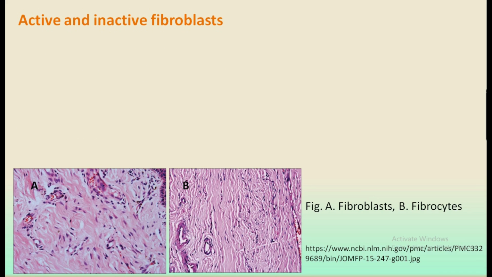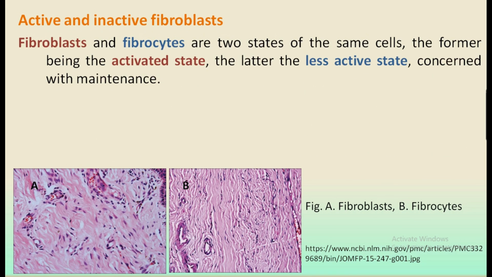The fibroblasts are of two types, active fibroblasts and inactive fibroblasts. Fibroblasts and fibrocytes are actually two states of the same cell. That is, fibroblasts are the activated state while fibrocytes are the less activated state, which are mainly concerned with the maintenance of fibroblasts.